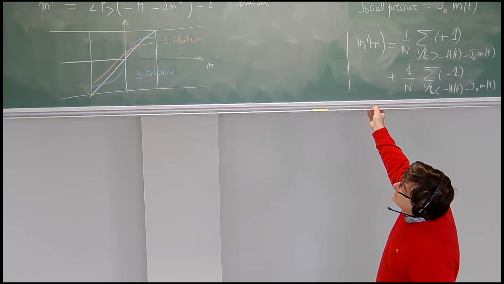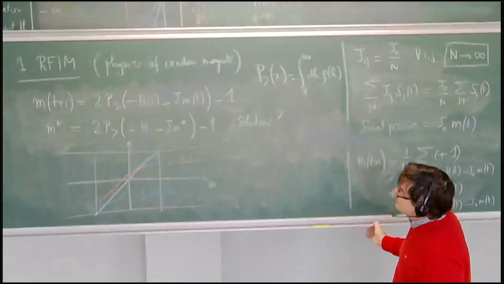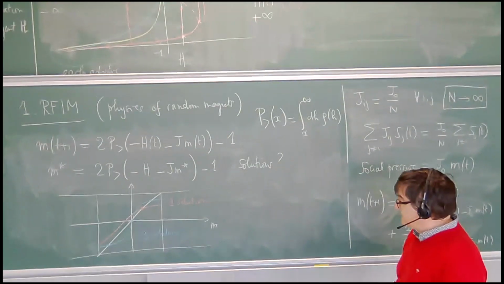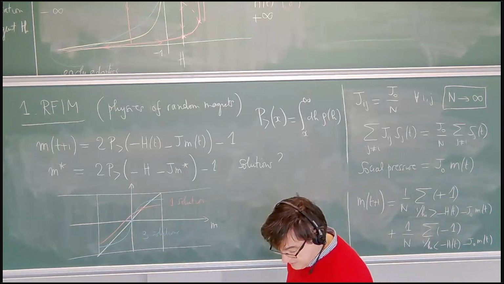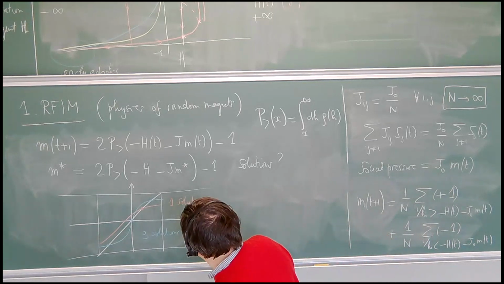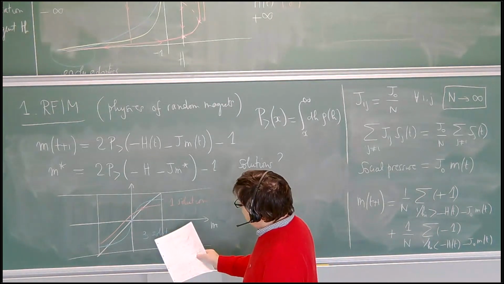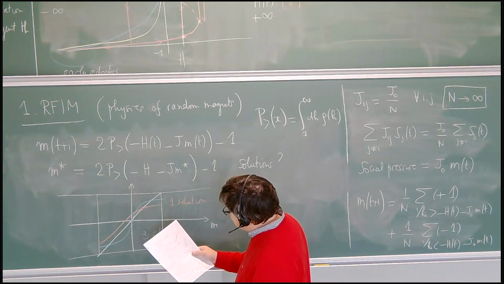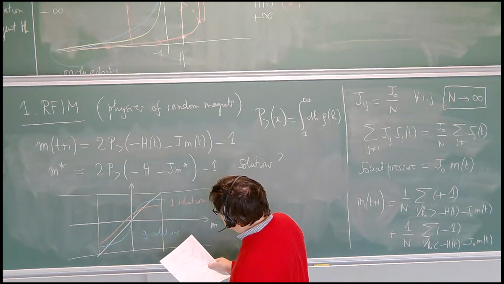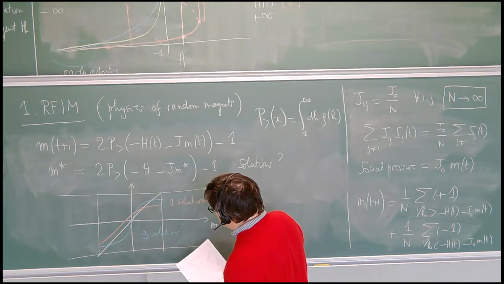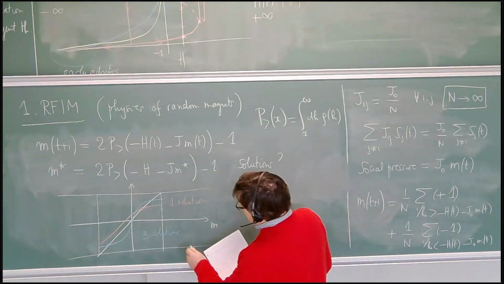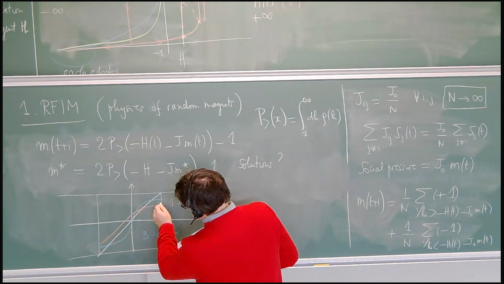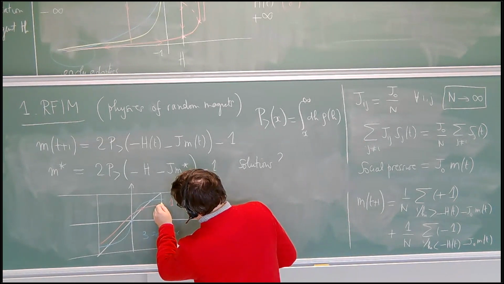So what determines whether one has one solution or three solutions? Well, of course, what determines the transition point is the case where one flips exactly, precisely at that point, from one solution to three solutions. So let me try to draw in green what's going to happen.